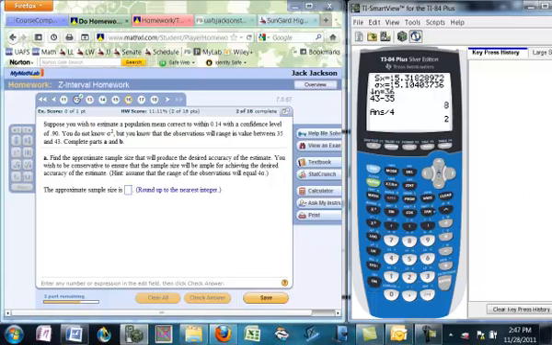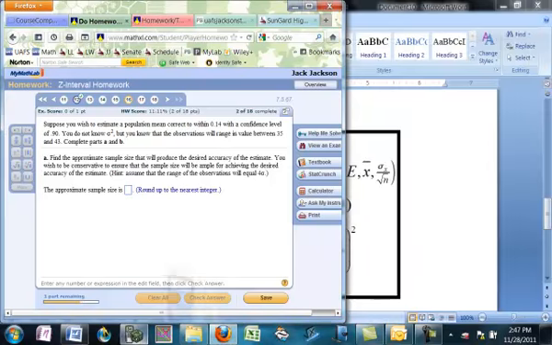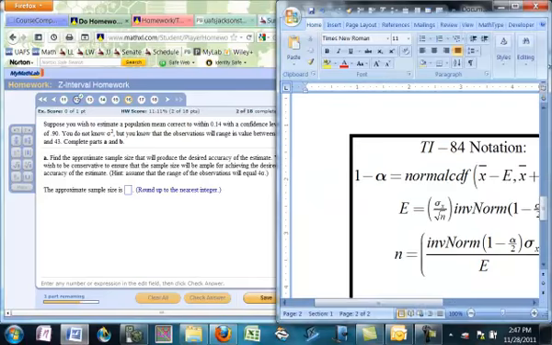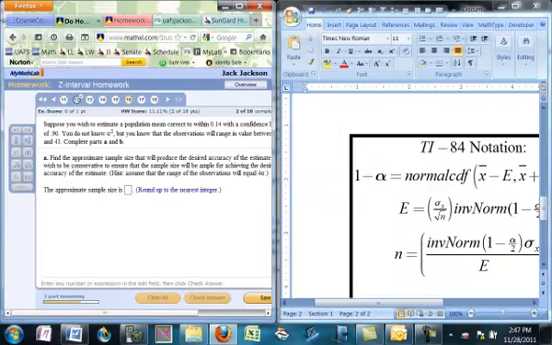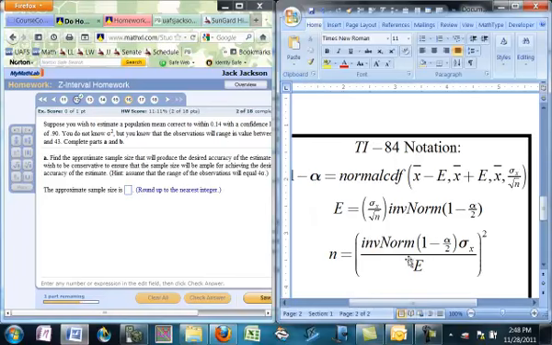So if we know that, then we can go on like this, and we can use this formula, it's this one at the bottom.